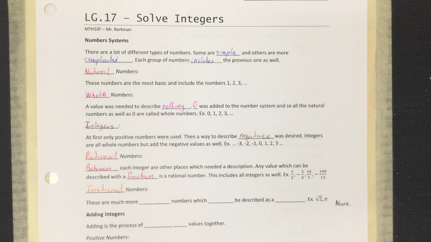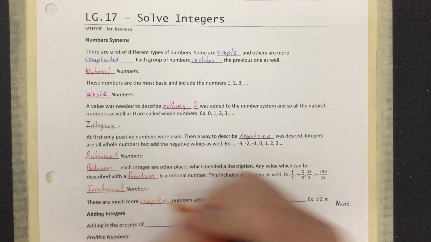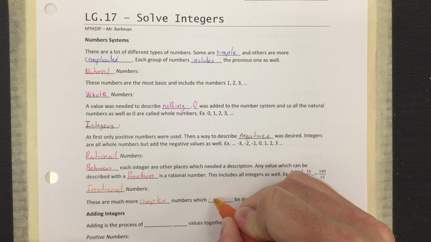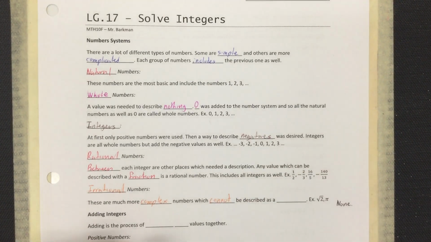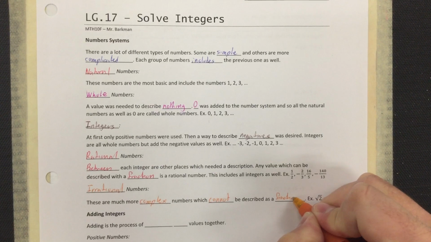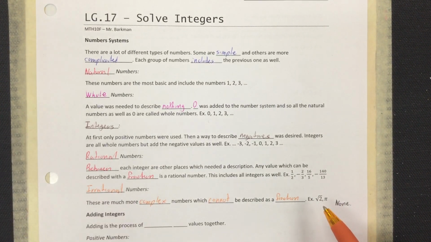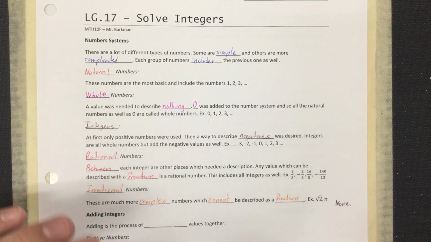These are what we would consider much more complex numbers, which cannot be described as a fraction. Things like the square root of 2. If you punch it into your calculator, it'll end, but it actually doesn't end.